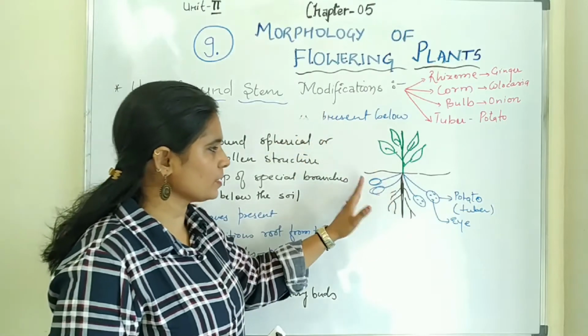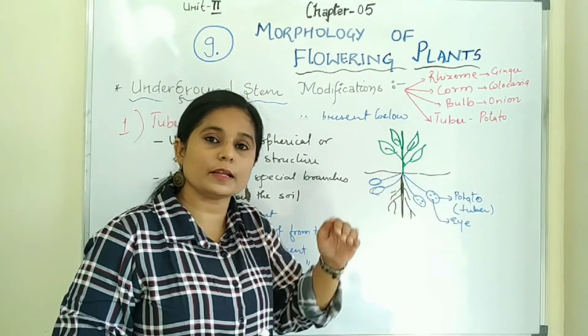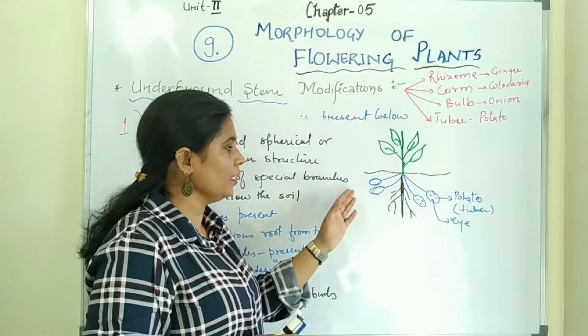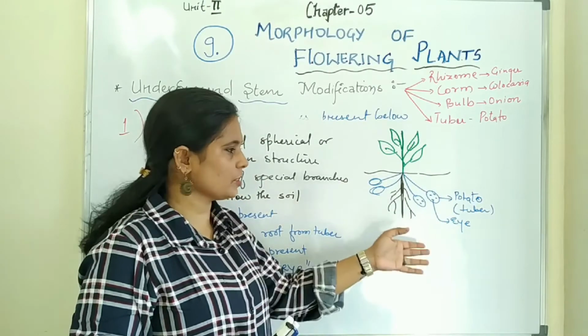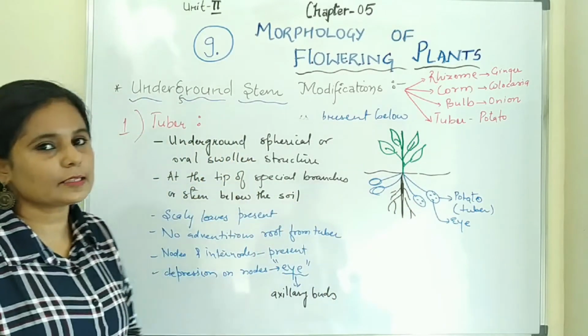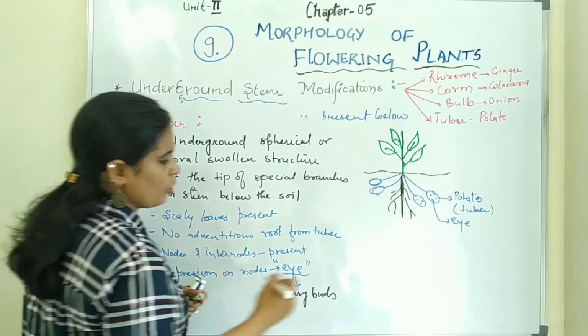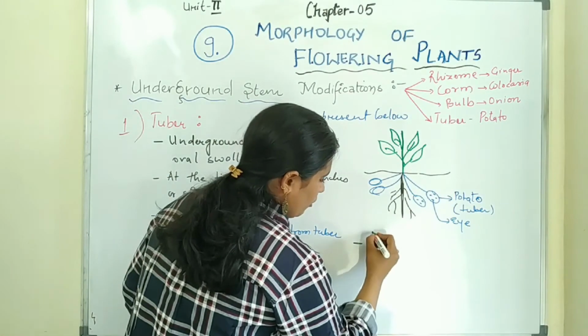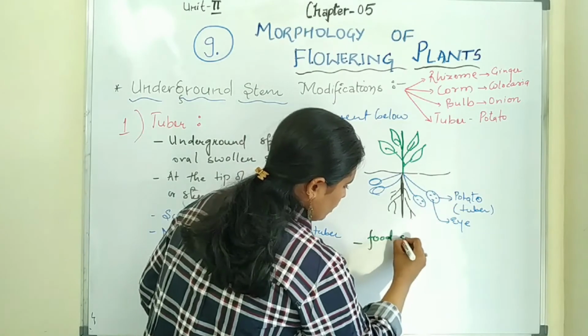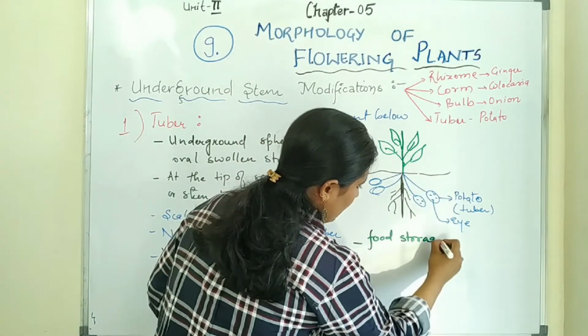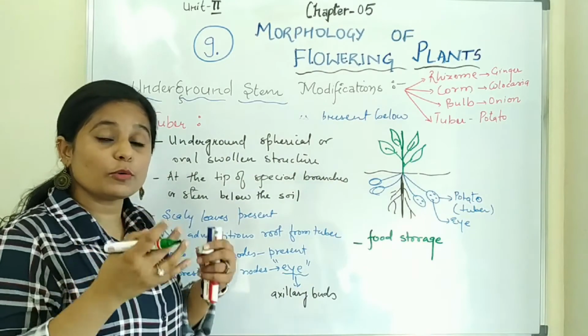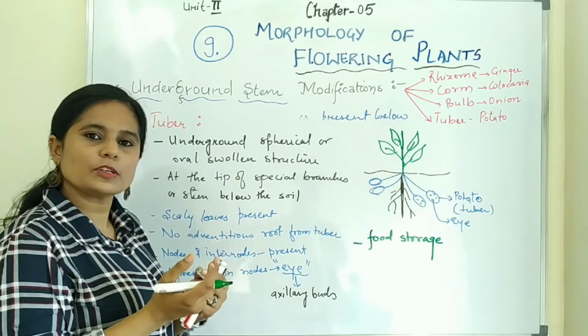In tuber, you will see special branches which are present under the ground in the soil, and the tip of those branches will swell, and this modification is for the purpose of food storage. That is why they are storing food, especially carbohydrates, and they swell.